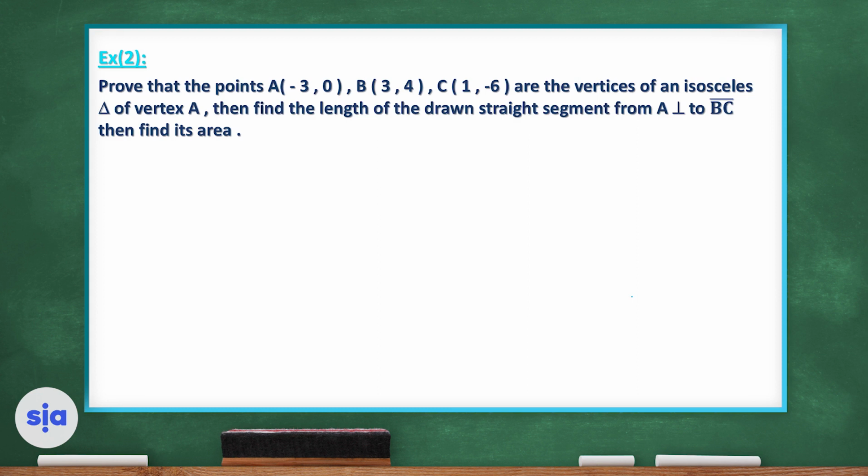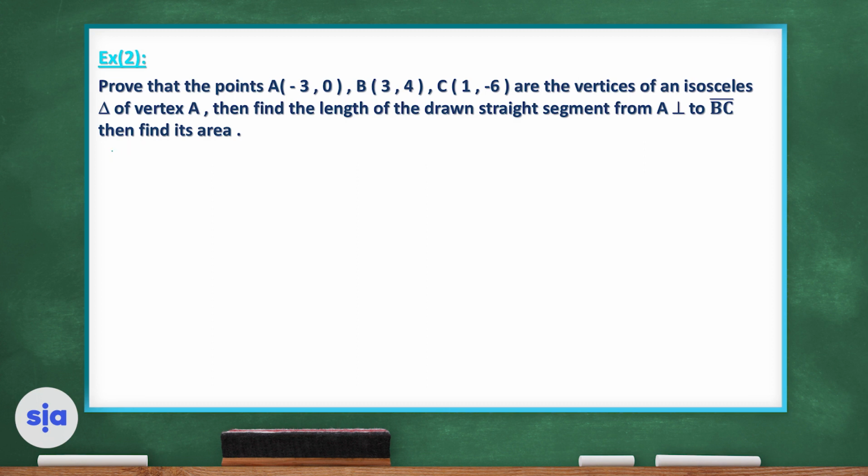In the first part, the question wants us to prove that triangle ABC is an isosceles triangle with vertex A. So remember, isosceles triangle with vertex A, it means that AB is equal to AC. Then let's go to find the length of AB and find the length of AC.